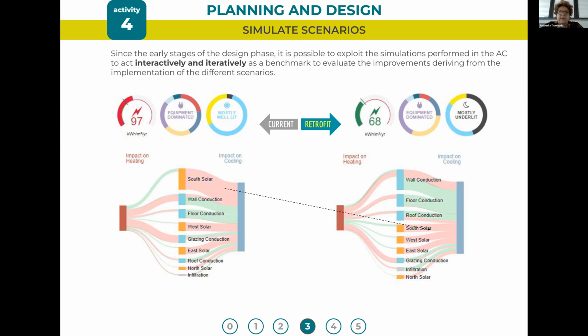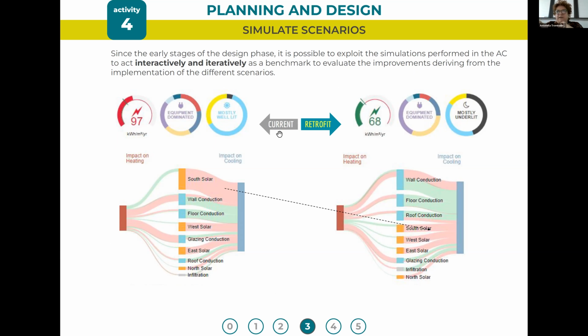So with some energy simulation tools, like Gisela explained before, it's possible to demonstrate and quantify how many kilowatt hours per square meter per year it is possible to reduce thanks to our solution.